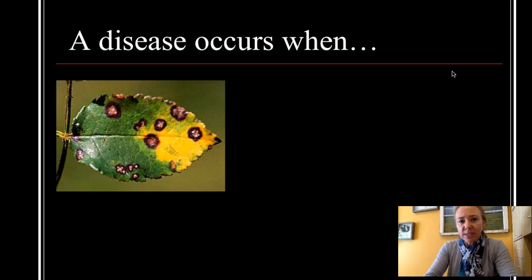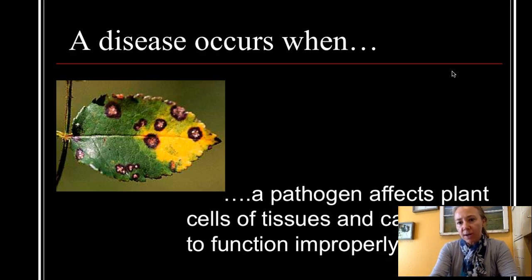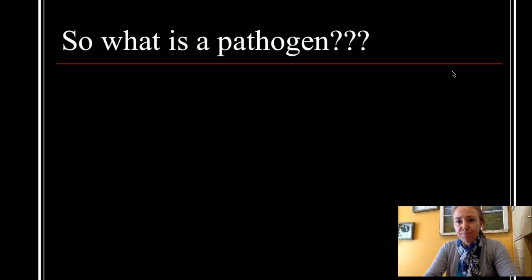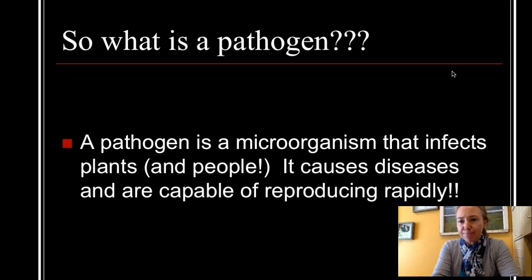But in order for disease to be present, it must involve a pathogen that infects from the outside and grows within the plant tissue, causing it not to be able to function and carry out its different responsibilities. Similar to humans and animals, while we can, on rare occasions, share these pathogens, for example, rabies can be transmitted from animal to human, they come in three different categories, and those are basically bacteria, virus, and fungi.